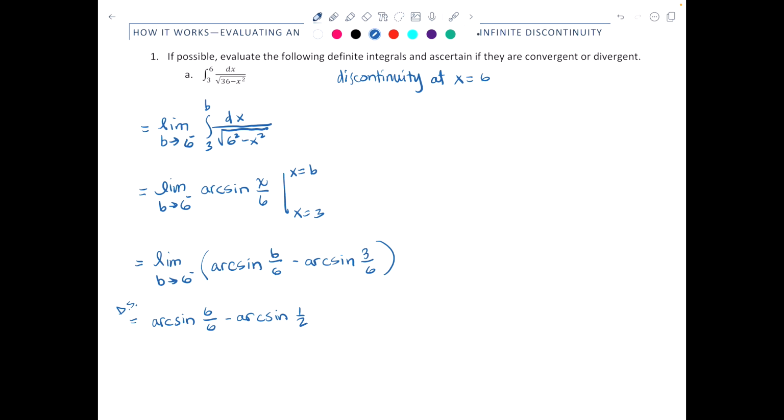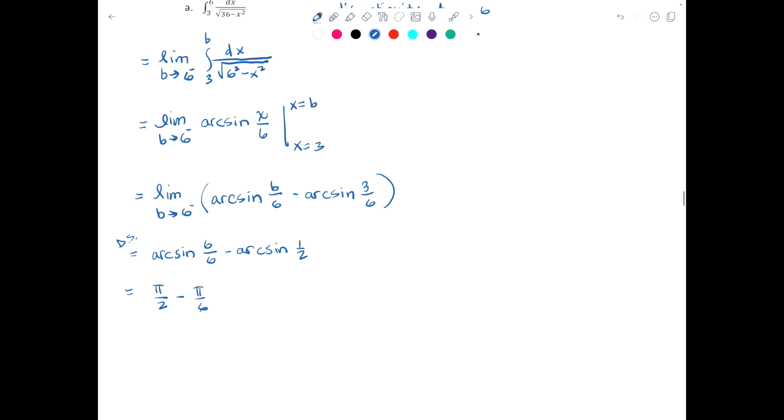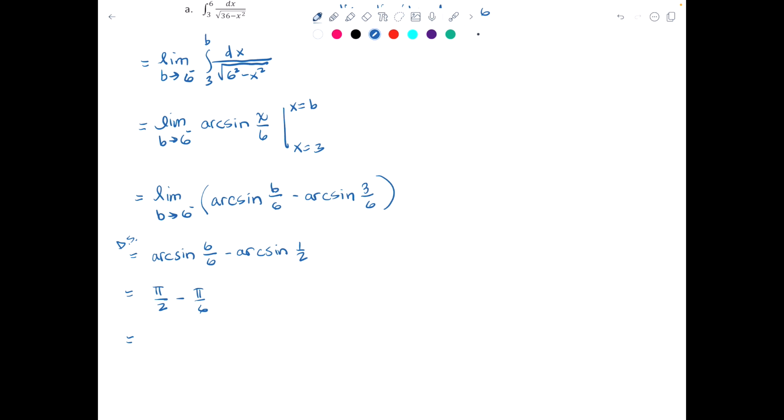6 over 6 is just 1. Arcsine at 1 is pi over 2. And then arcsine at pi over 6, sine at pi over 6 has an output of 1/2. So arcsine of 1/2 is pi over 6. And then combining them, we'd have what? 3 pi over 6 minus 1 pi over 6 is 2 pi over 6, which would give us pi over 3.